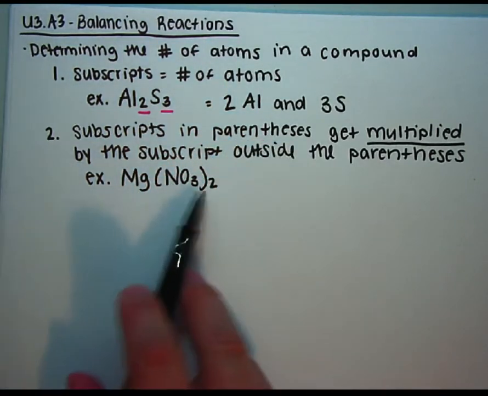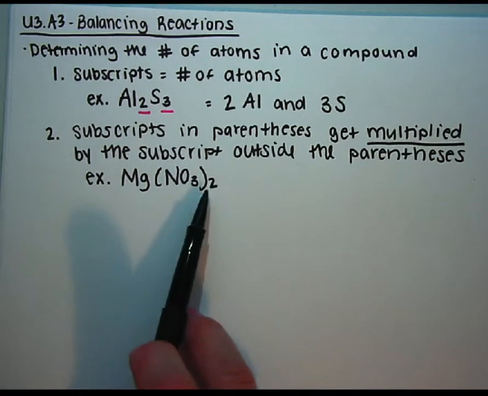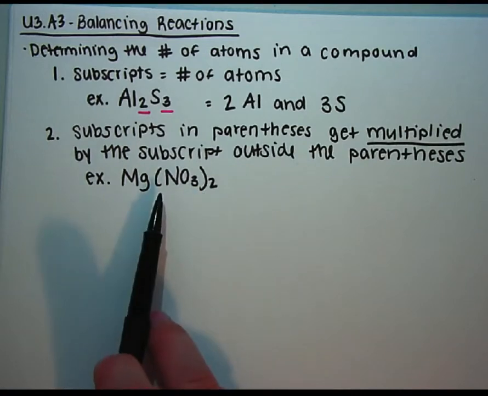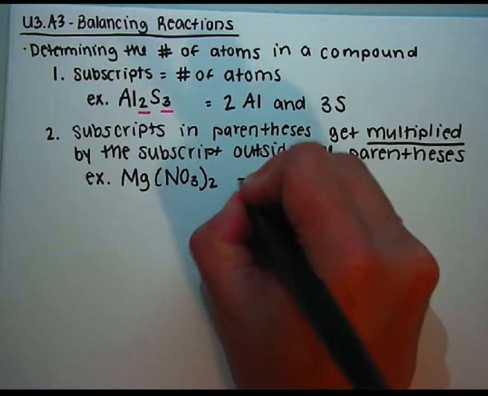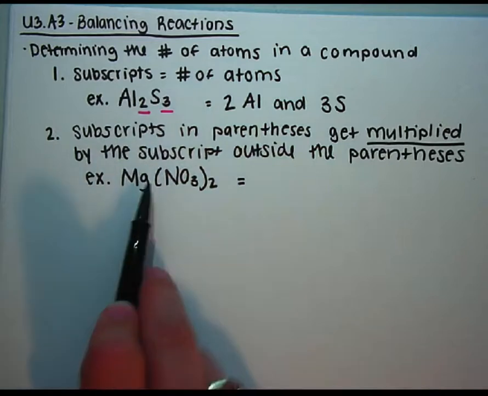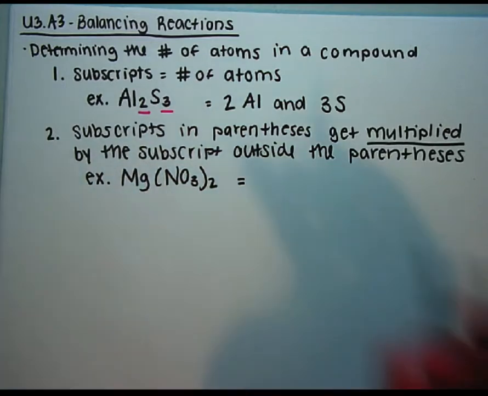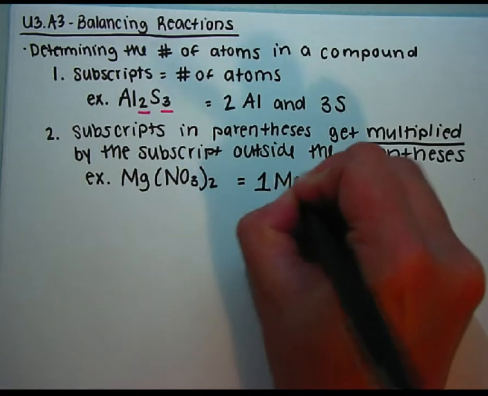Here I have a subscript outside the parentheses. Just like in math class, anything in the parentheses gets multiplied by 2. Magnesium, though, is not in the parentheses, so the 2 does not go to magnesium. Magnesium does not have a subscript, so there's just 1 magnesium.